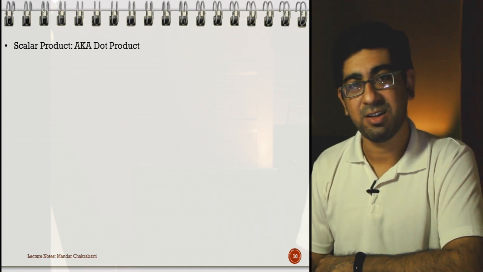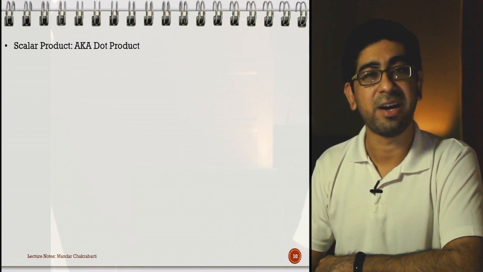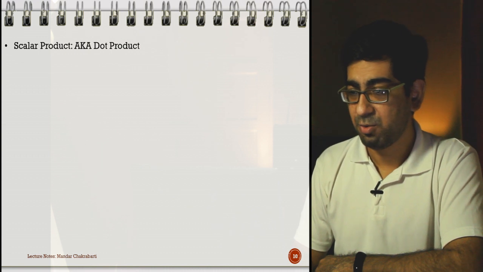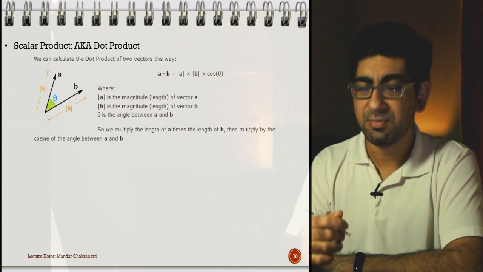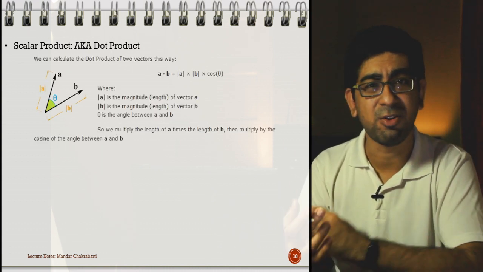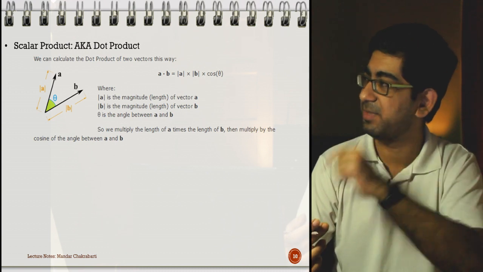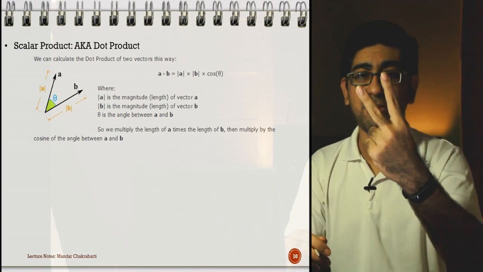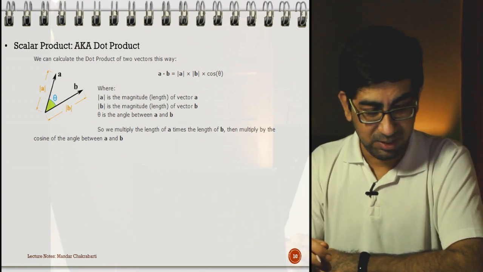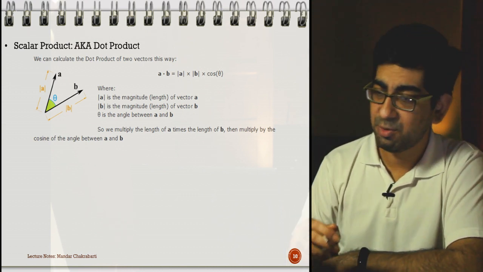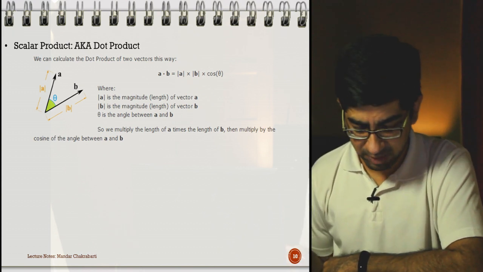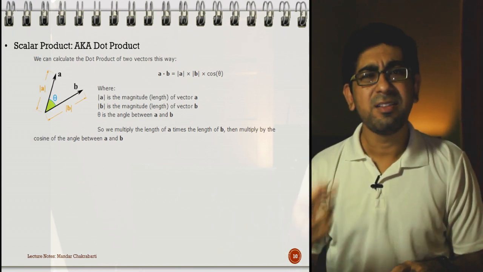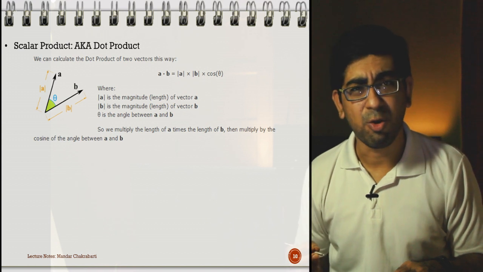We start off with the vector dot product. Mathematically, the vector dot product is represented in this particular way, and it can be calculated in two ways. The first way is to think of a normal number.